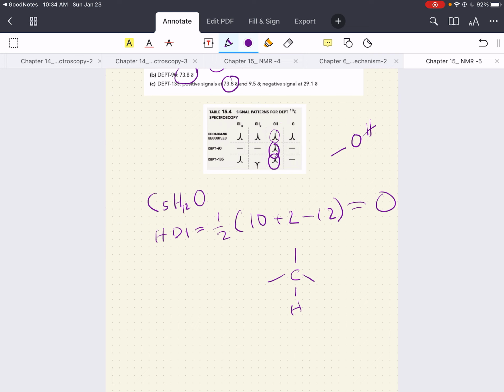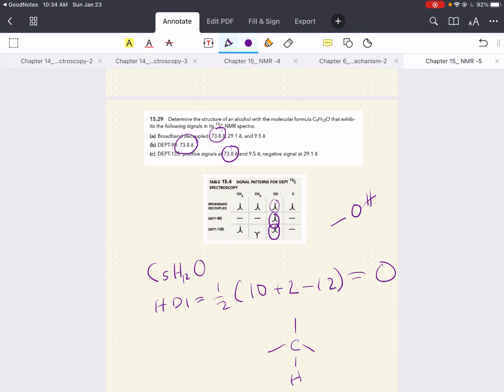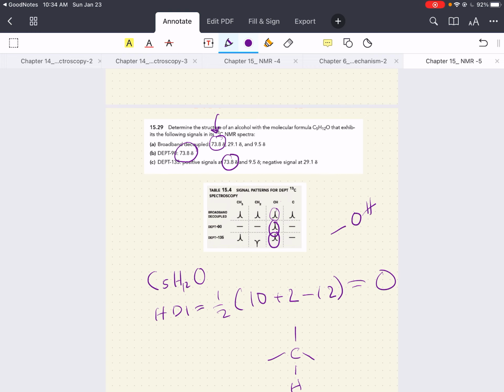Now, recognize the number that the CH group is at. It's outside the range of 0 to 50, which would indicate that it would simply just be a CH group. This is the range where we start to find carbon-nitrogen bonds, carbon-carbon triple bonds, or carbon-oxygen bonds. There's no nitrogen in our molecular formula.